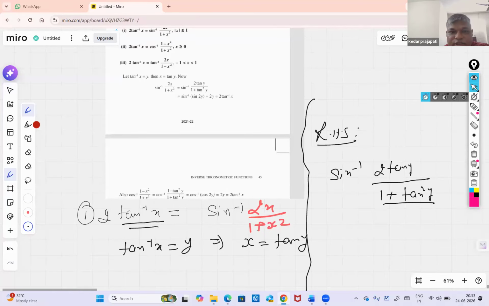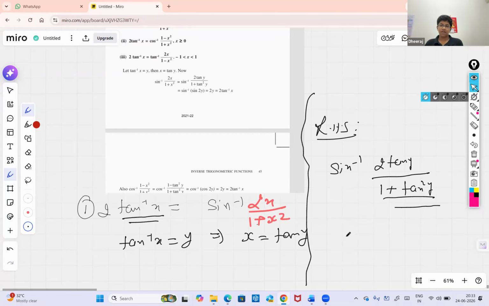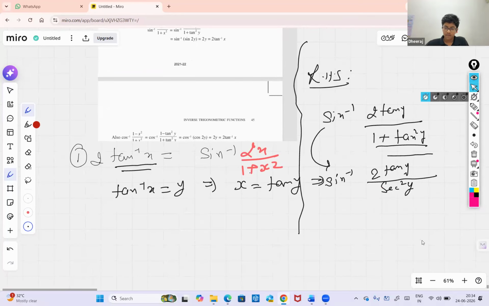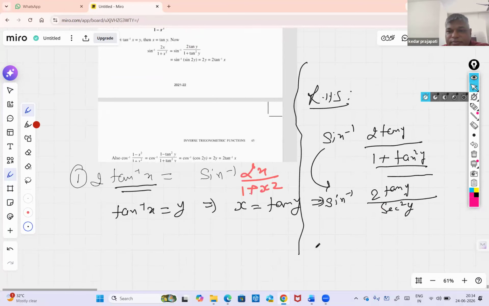And you know 1 plus tan square y is secant square y, correct? Now we can write it simply in terms of sine and cos.